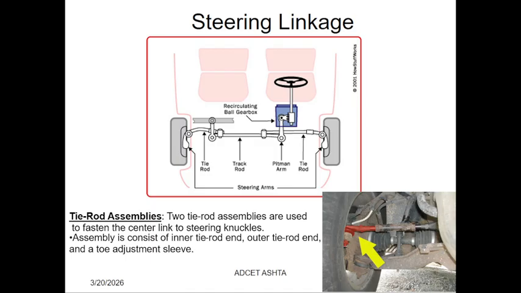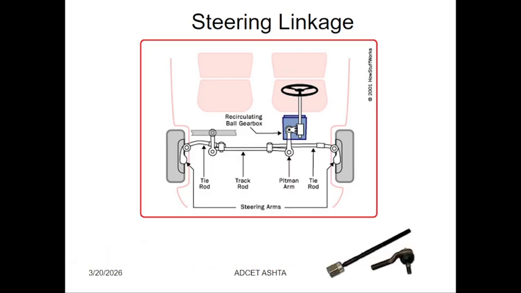Assemblies consist of an inner tie rod end and outer tie rod end, and tie rod adjustment sleeves. Be sure to check the alignment setting after replacing the tie rod.